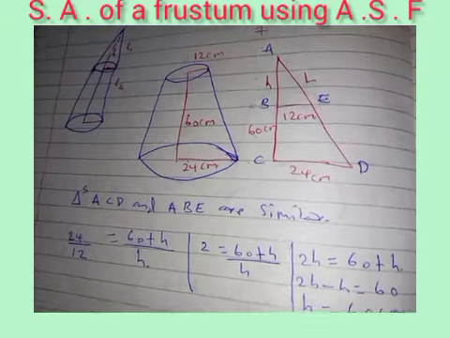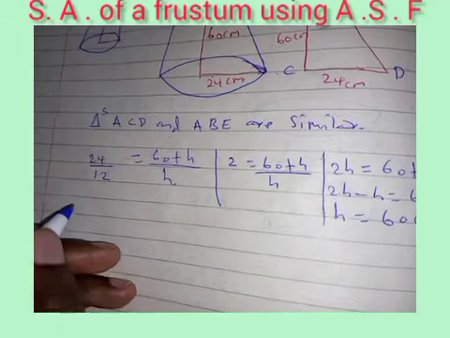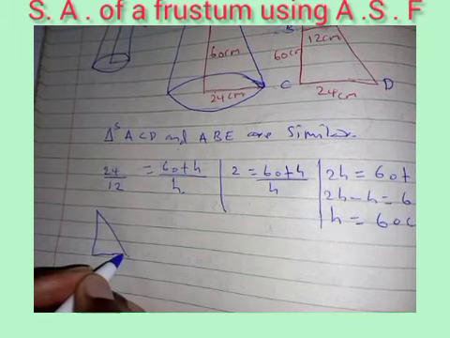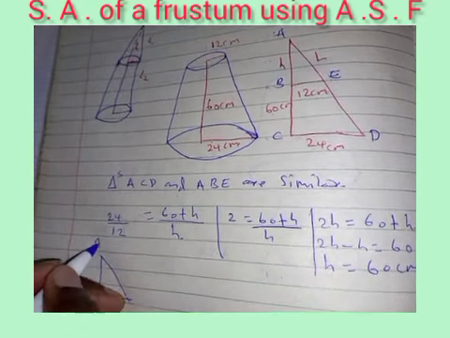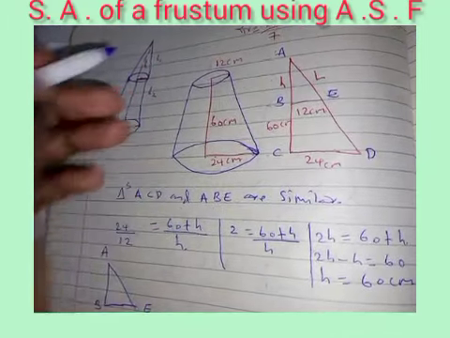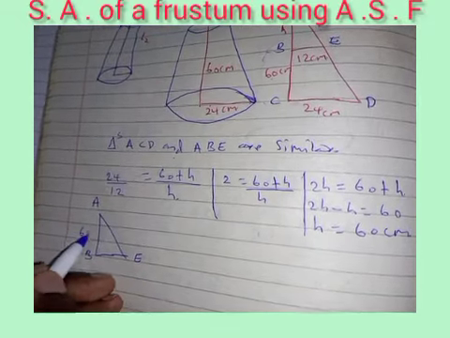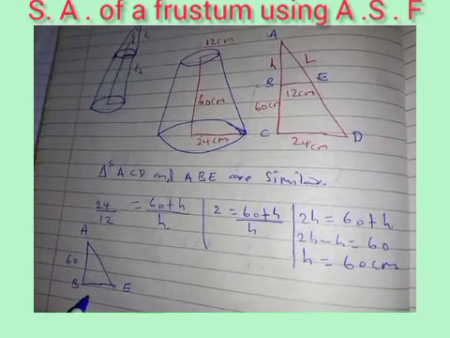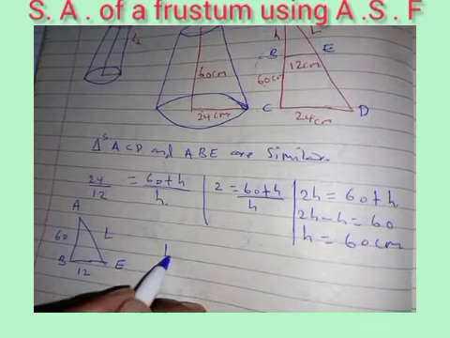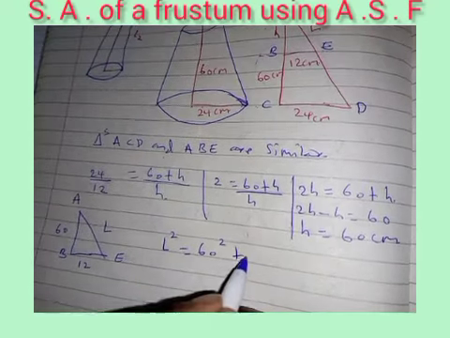Now, once you get your height here as 60, then you use the small triangle, triangle ABE. In that triangle, we have found this is 60. This we are given it is 12. We want to get this slant height. So from Pythagoras theorem, L squared will be equal to 60 squared plus 12 squared.